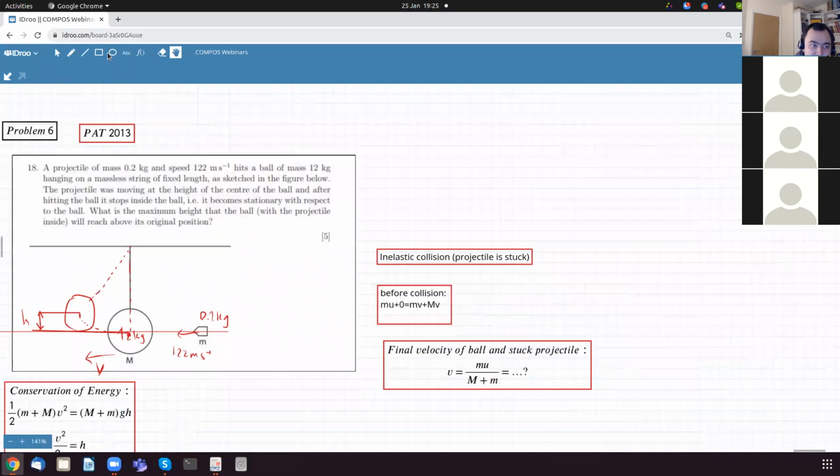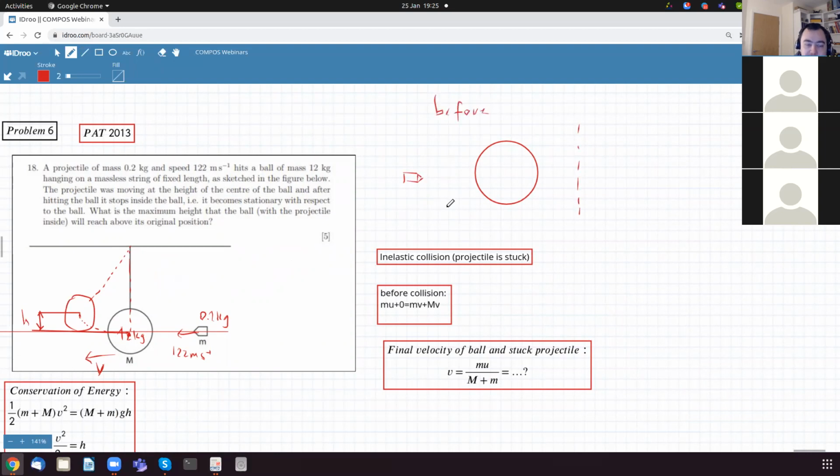Let me just draw this again. So we have the projectile hitting the ball. I'm doing before and after. Before, I've mirrored the image just so that it moves from left to right. So it travels with the velocity u.